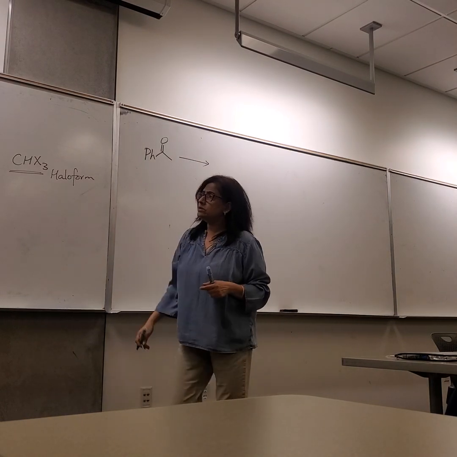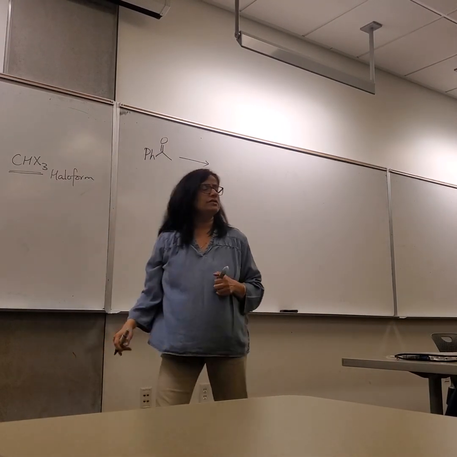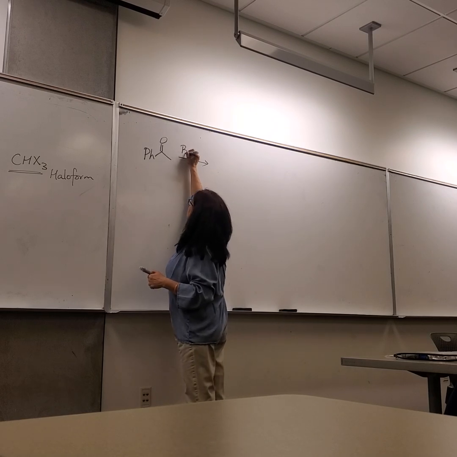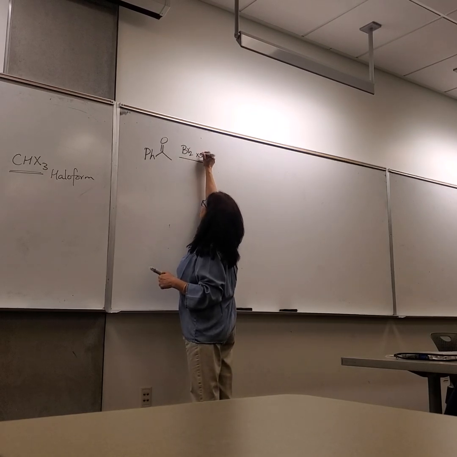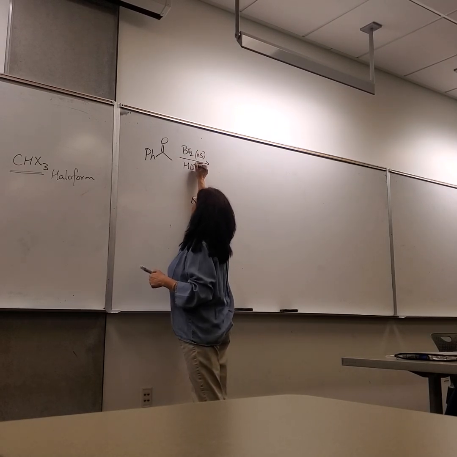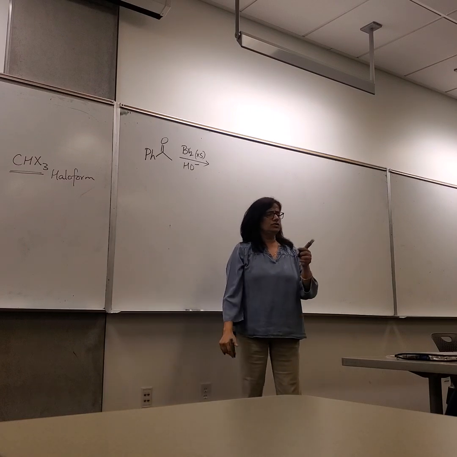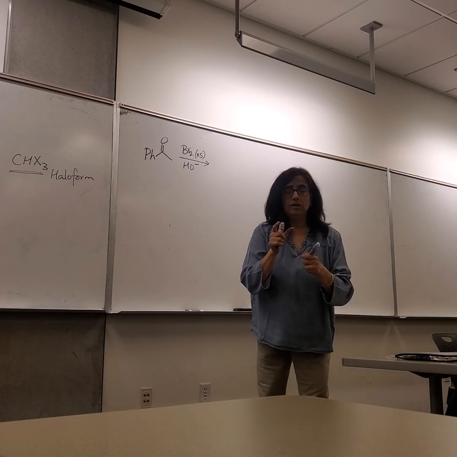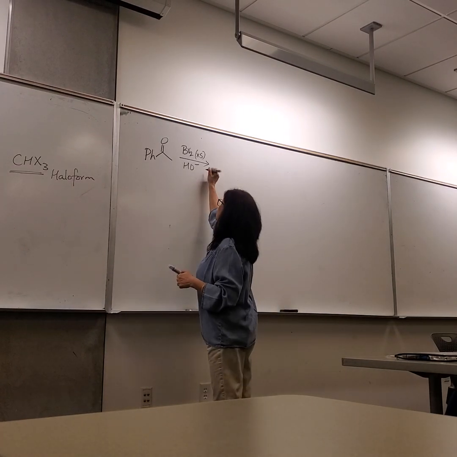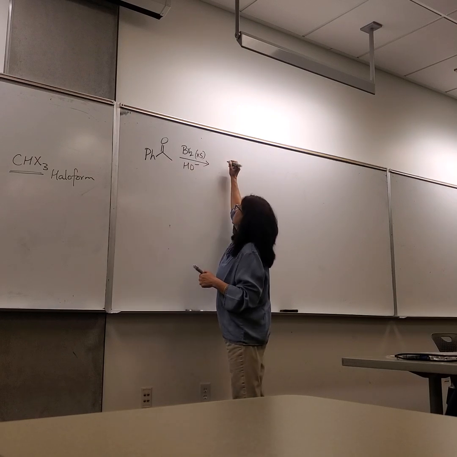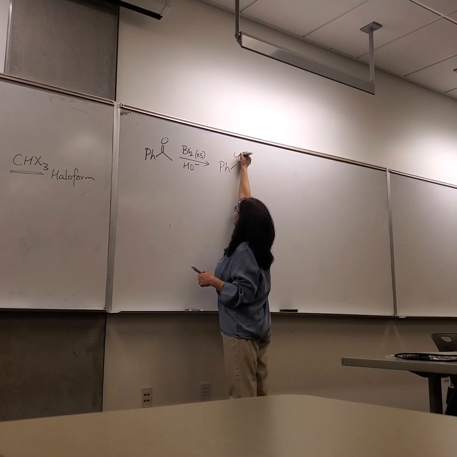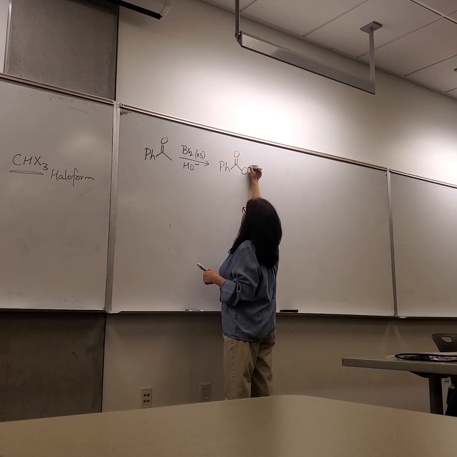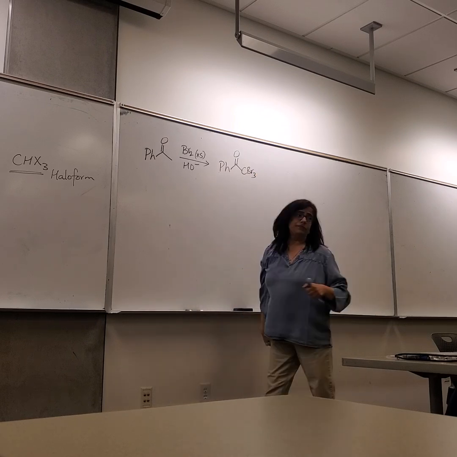So if I'm using bromine in the presence of a base, and I'm using as much bromine as is needed, are you all able to show the steps to convert acetophenone into the product? You should show every step.